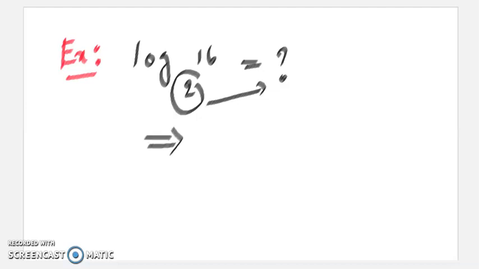Right, like that. 2 power question mark is equal to 16.